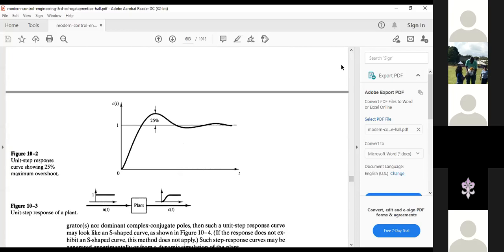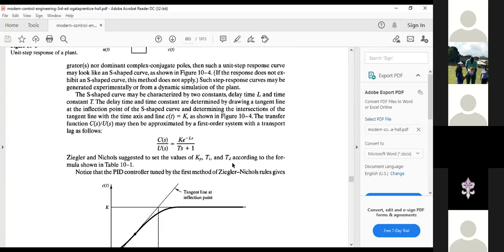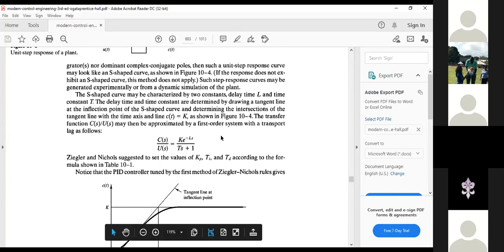Okay. So the first thing that we want to talk about is the tuning rules for a first order system. Right?